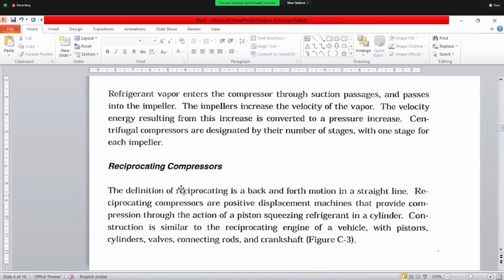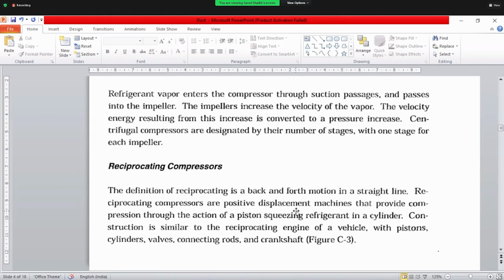As we all know, reciprocating is back and forth. What it basically tells is something like an engine. In an engine, there is a piston, no? So the same basic principle is here. We are using a reciprocating compressor.